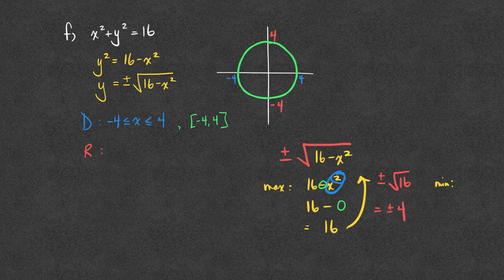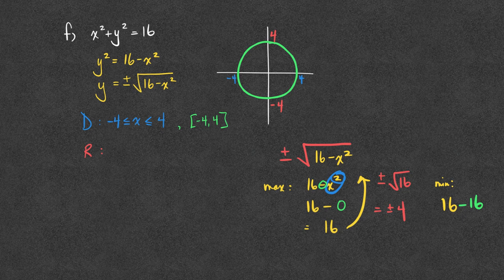And I can go through the same process. I need to make sure that 16 minus x squared is always positive or 0 so I can calculate. That's part of my domain. Well, what is the smallest possible value I could get? The smallest possible value I could get would be to subtract off everything that I had.